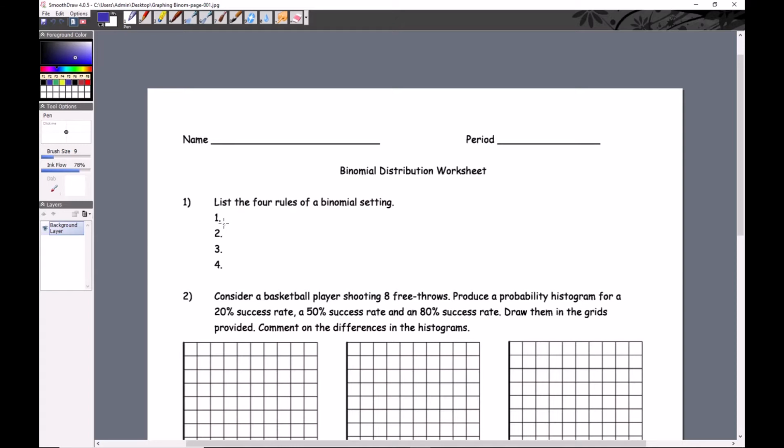There are 2 outcomes, success or failure. So let's put that there. So 2 outcomes, success or failure.